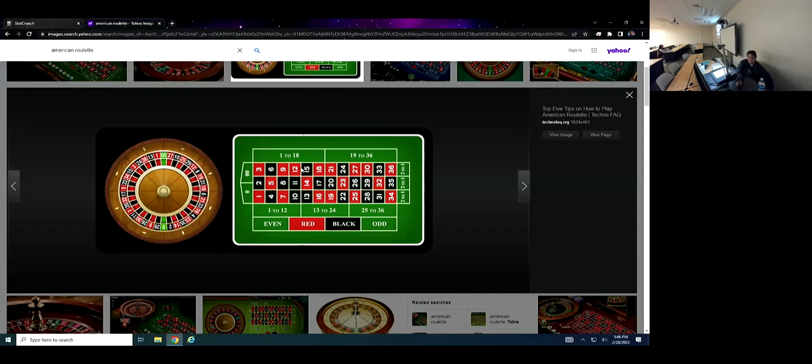You can do a 6-pack if you do it at the edge. Like if I place it right here, the chip on the 1 and 4, it's covering the numbers 1, 2, 3, 4, 5, 6. That's not every casino, but some casinos have it.